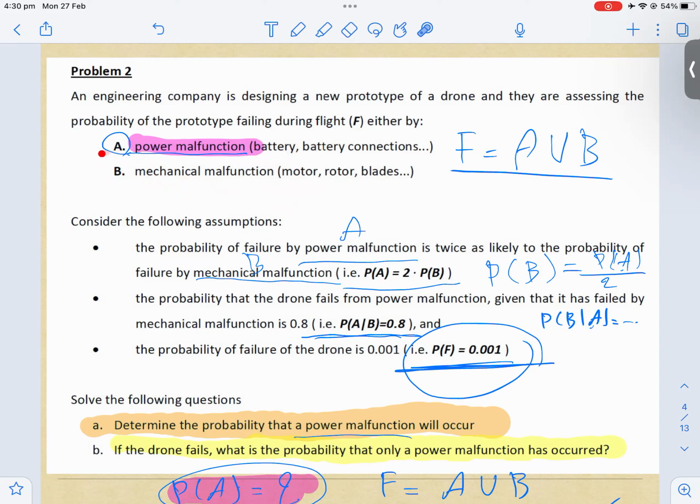So the probability of A is equal to twice the probability of B.